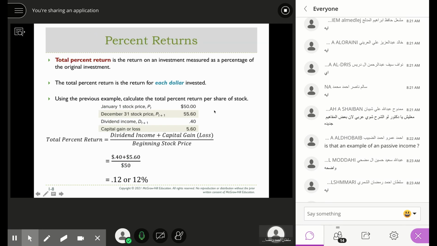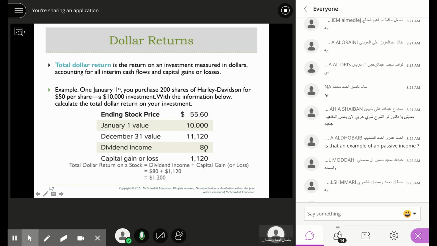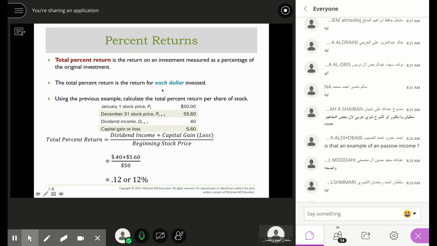In our previous example, it's 80 divided by the number of shares, because we are looking at each share or each stock. So it is 0.40 divided by the beginning period.